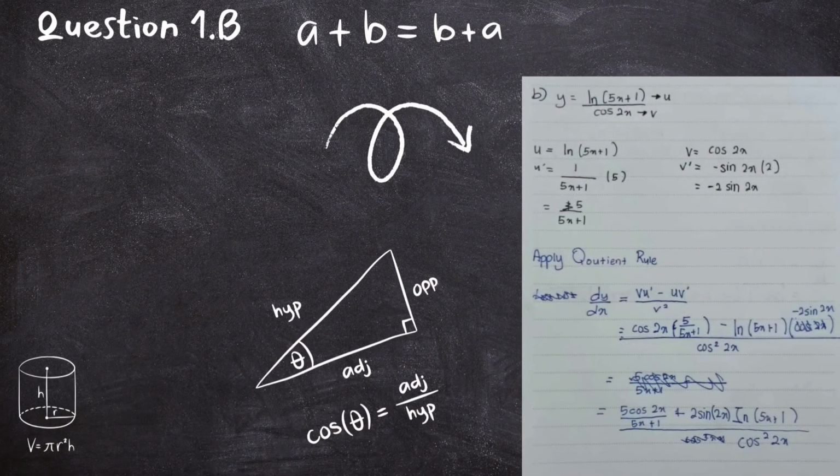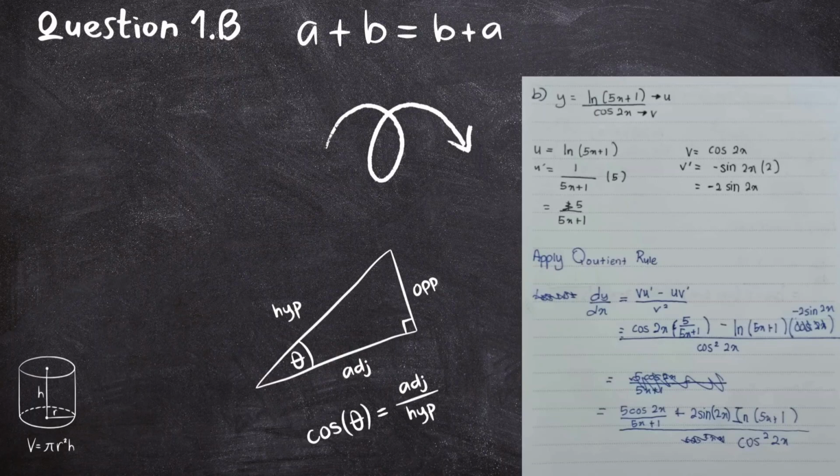For question B, we apply the same method, using the chain rule, which results in u prime equals 5 over 5x plus 1, and for v prime, negative 2 sine 2x.